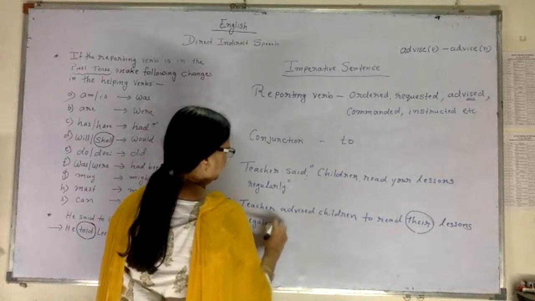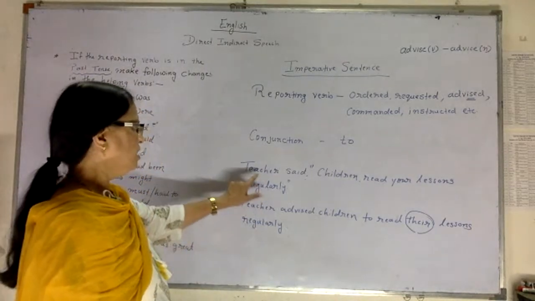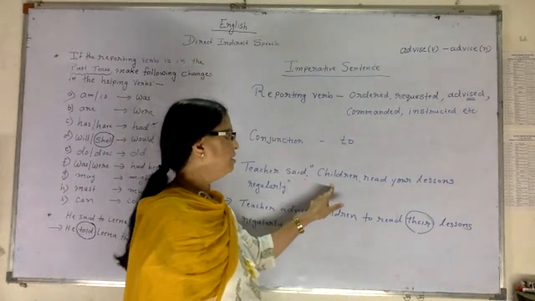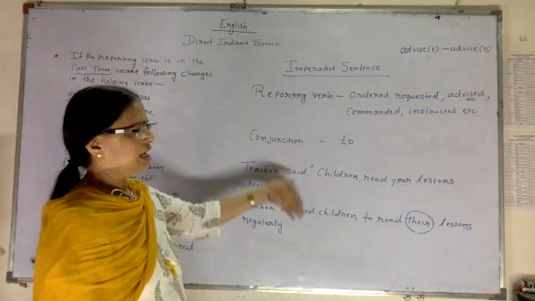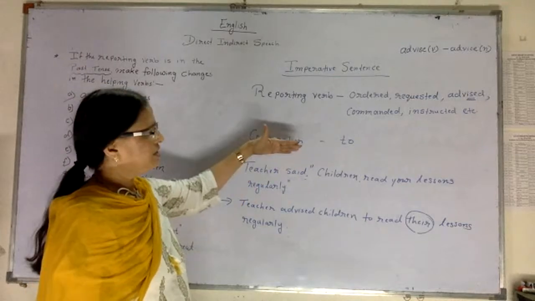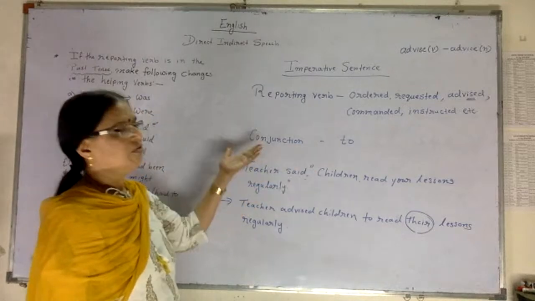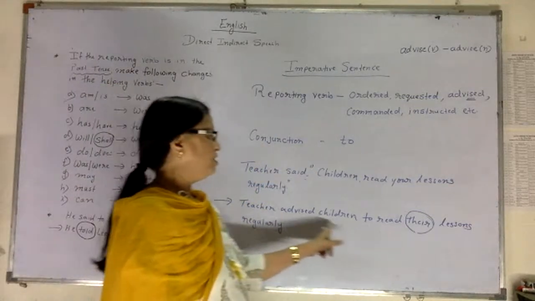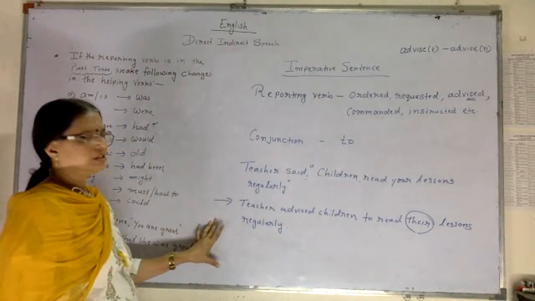Now see how simply you are changing: the teacher said, "Children, read your lessons regularly." Even if you get this in a dialogue type, or in summary writing, if the sentence is given in direct speech, while writing the summary you will change it into indirect speech if it is an important part of that passage.